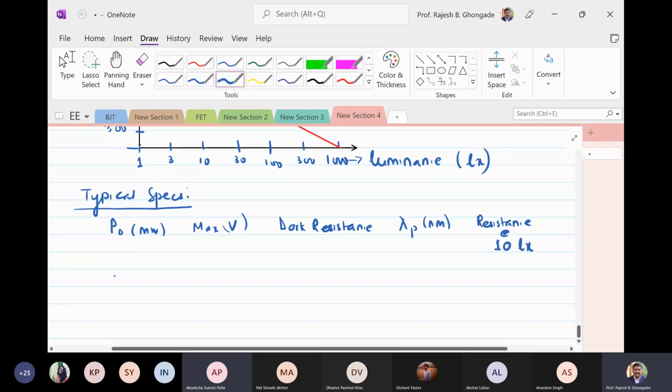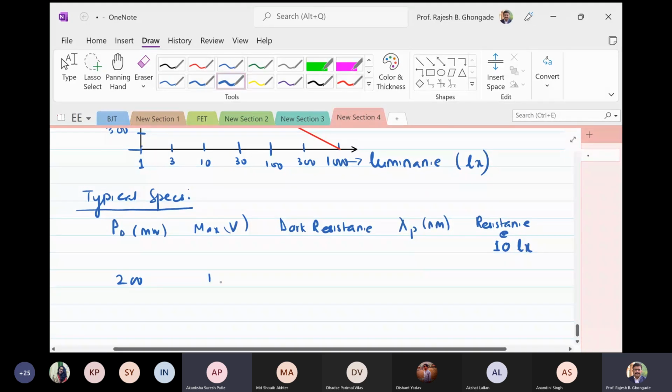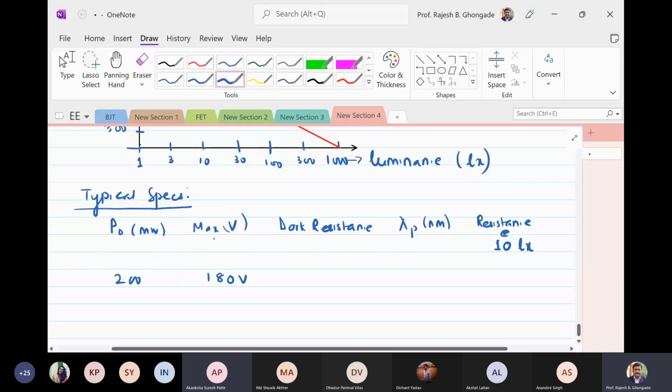So the power is normally 200 milliwatts. This is 180 volts, that is AC. Dark resistance is 100 kilo ohms. Wavelength sensitivity is 550, and resistance at 10 lux is 6 kilo ohms minimum to 18 kilo ohms maximum. So it may vary like this.